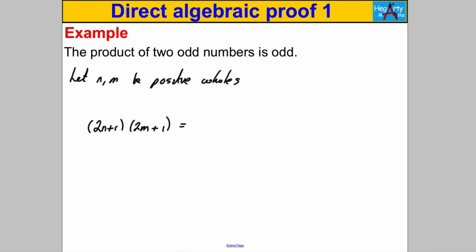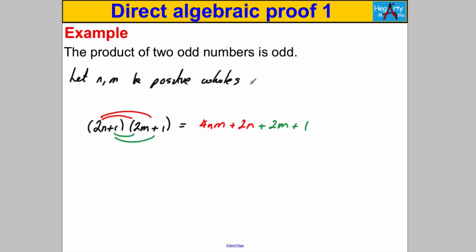Now we have to expand out the brackets. Let's do that. So we're going to get 2n times 2m, which 2 times 2 is 4, n times m is nm. 2n times 1 is plus 2n, and then we're going to multiply by 1, so we're going to add 2m add 1. Okay?